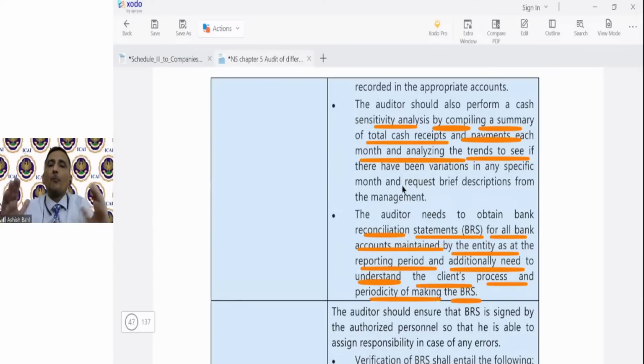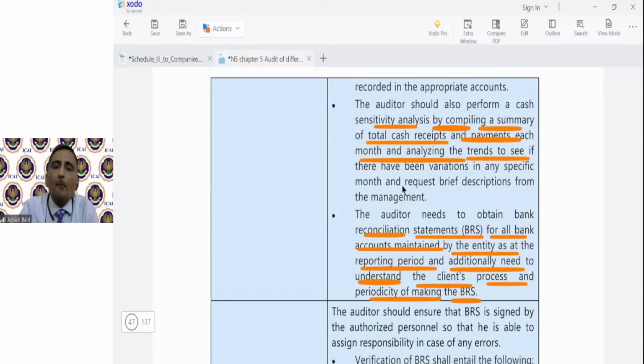So companies usually have a system where staff of the company is required to prepare bank reconciliation statements at periodic intervals, say every fortnight or every month.